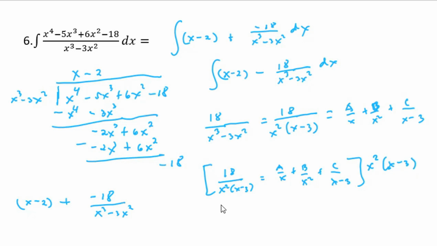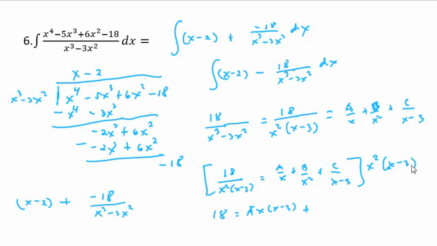The LCM divided by this denominator gives a quotient of 1 times the numerator, so we have 18. On the right side, the LCM divided by x gives the quotient x times x minus 3 times the numerator, so we write Ax times x minus 3.